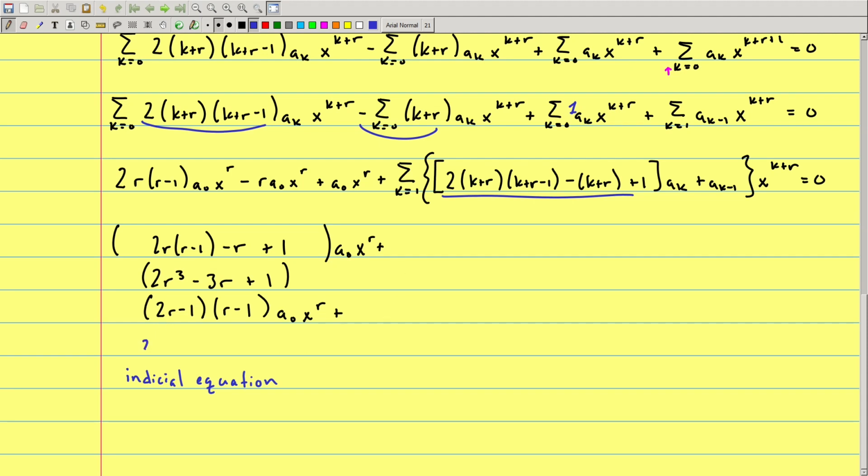The indicial equation, we care about when this is equal to 0. And we see that we get r equals 1/2 and r equals 1 as the solutions to this indicial equation.